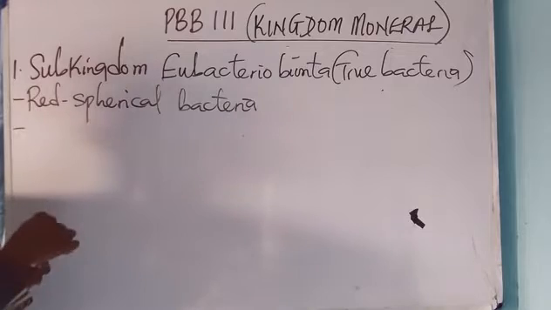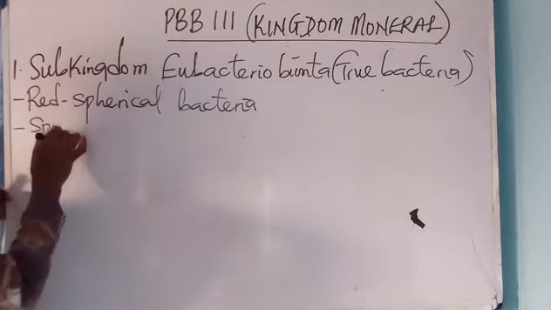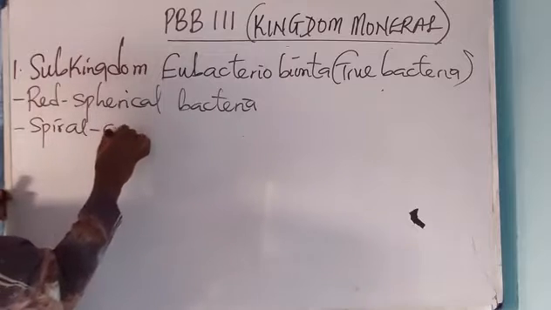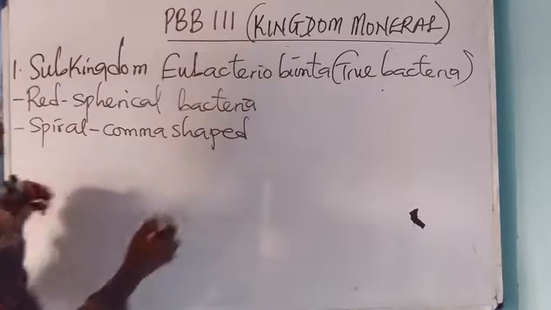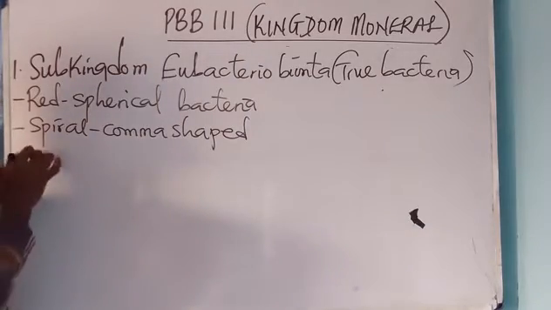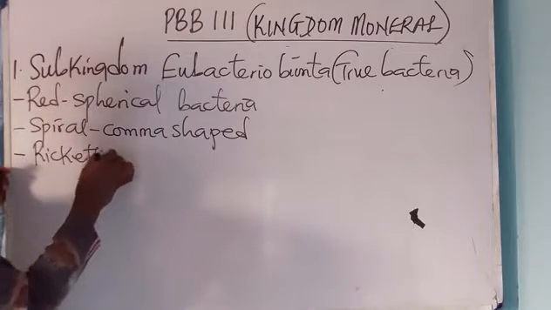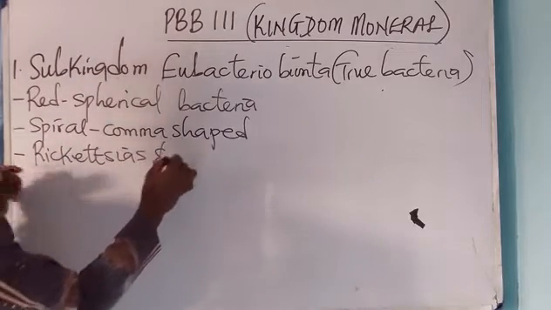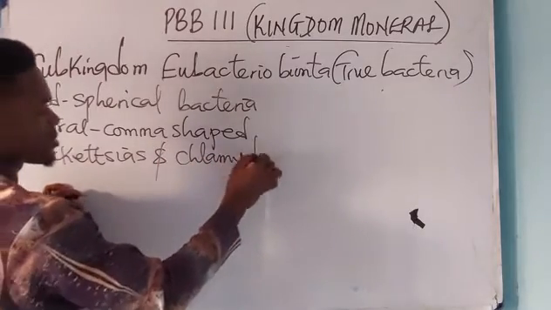Good. We have the spiral comma-shaped bacteria. Now we have the rickettsias and chlamydias.